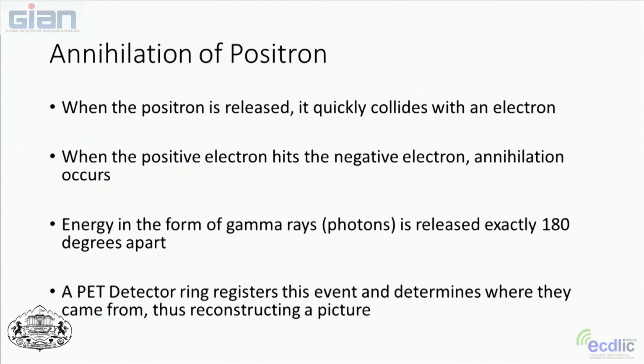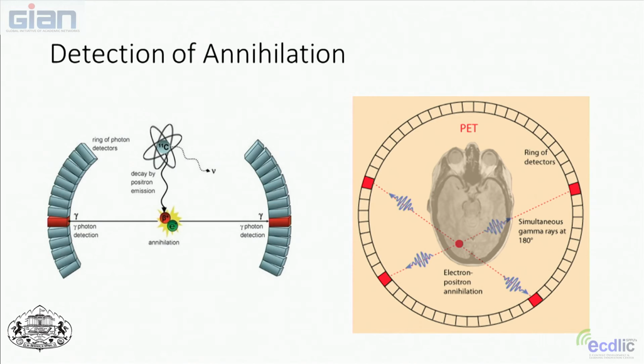So when it's released, it quickly collides with an electron. When the positive electron hits the negative electron, annihilation occurs, and the energy in the form of gamma rays is released exactly 180 degrees apart. And because of this, we can use a PET detector ring to register this event and determine where they came from.